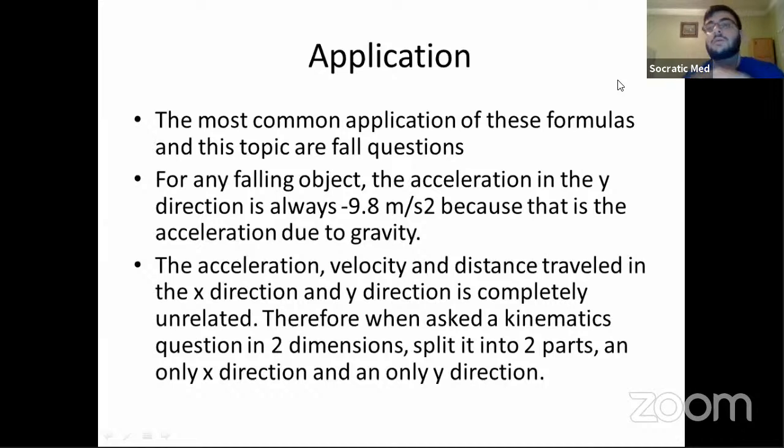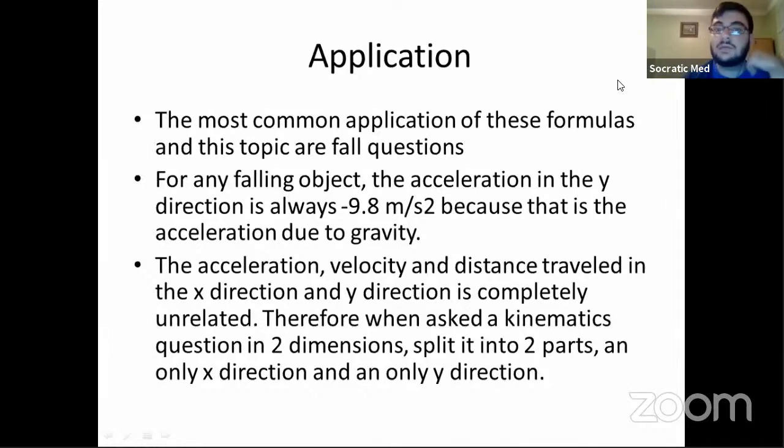When we talk about free fall or any type of projectile motion or any falling, we really want to focus on two dimensions. There's an x dimension, me going forward and backwards, or if you think about it on a 2D plane, going left to right, and a y direction, up and down. We want to split it into two different parts.